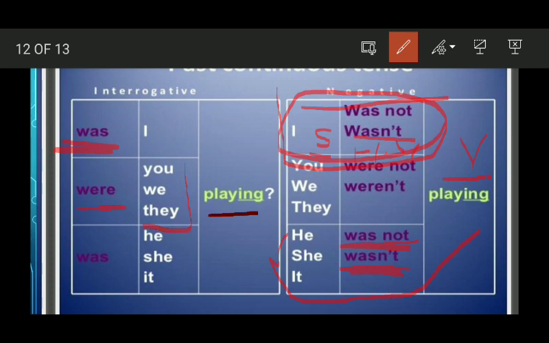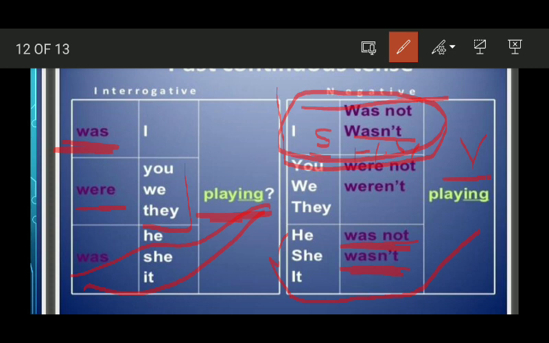The last word is playing, and finally we will put a question mark at the end of the sentence. Was she playing? Was he playing? Was it doing something?